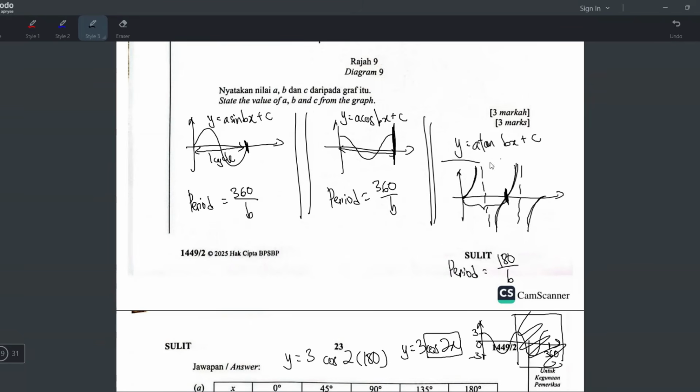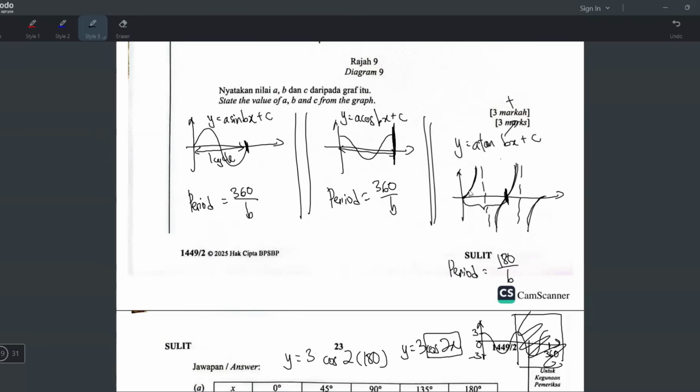So that means this is already one cycle. In other words, if your b is 1, let's say it's tangent 1x, the period is actually 180, because 180 divided by 1 is 180. So this is considered one cycle.